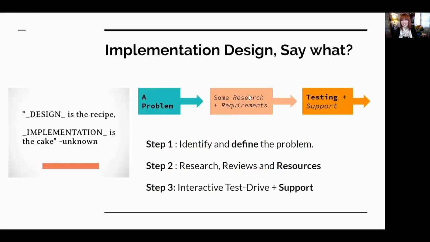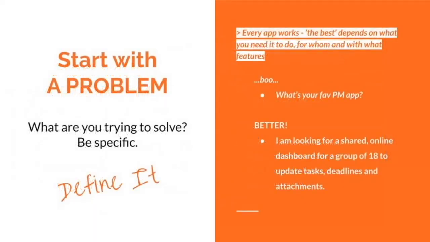Let's dig in. Step 1, start with the problem. While this may seem really native to most folks, oftentimes I see asks for app and what your favorite tool is for this task or that, but they haven't yet defined what their problem statement is. So for today's exercise, let's use program management as our problem.